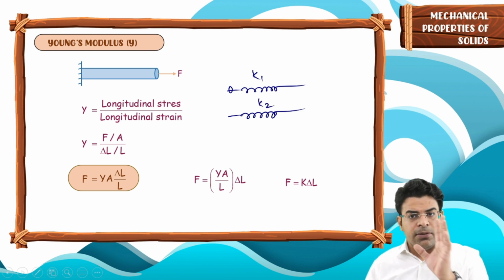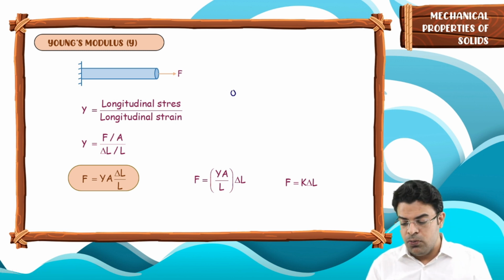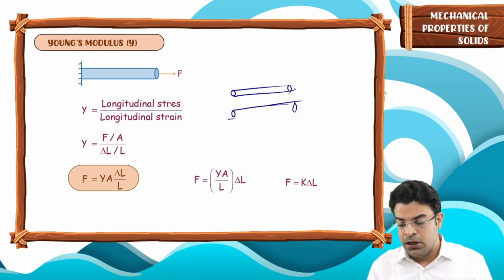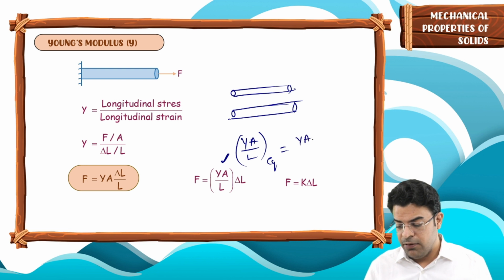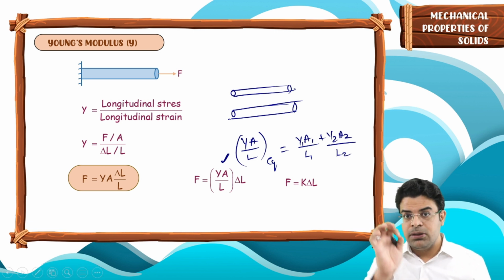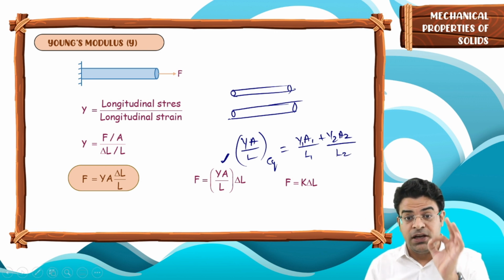The same thing can be used here as well for two rods connected in parallel. You will say the equivalent value of YA by L equals Y1A1 by L1 plus Y2A2 by L2. So you can use the parallel combination of springs here as well.